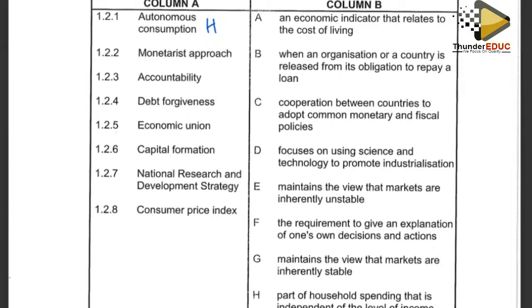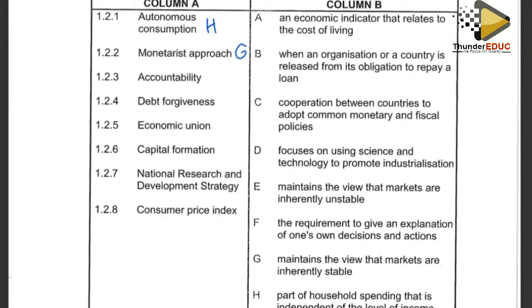So if you still remember, these guys under monetarist believe that the market can be stable without government intervention. So now if we check the options given in column B, we see that the appropriate answer in this regard is G, that says maintains the view that markets are inherently stable. So it means that now our appropriate answer in this regard is going to be G.